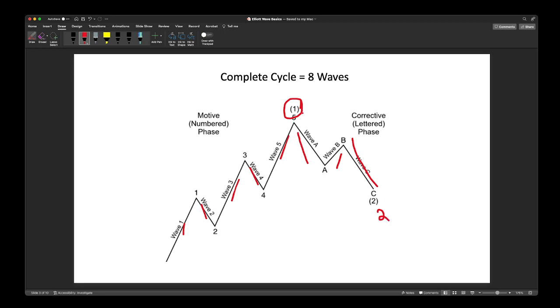So a complete cycle is made up of eight waves, including the five waves up and the three waves down. These three waves, A, B, C, are labeled in letters. That's your corrective phase. And your motive waves are labeled in numbers. If we put those two together, we get a total of eight waves, and you need eight waves to make a full cycle. You're up and you're down.